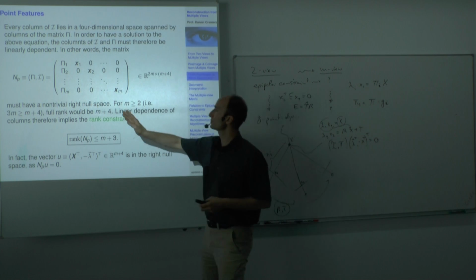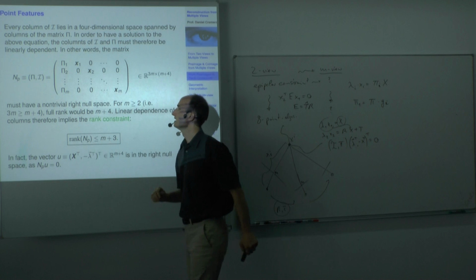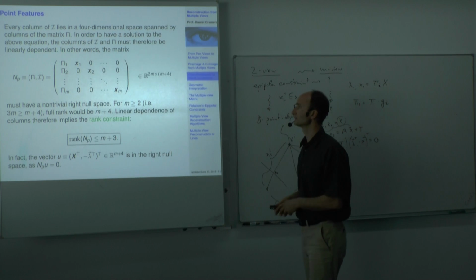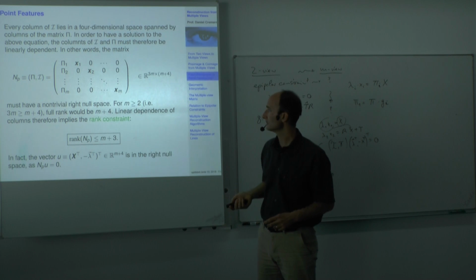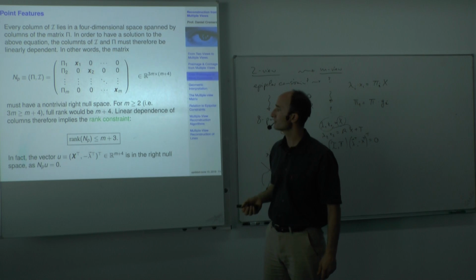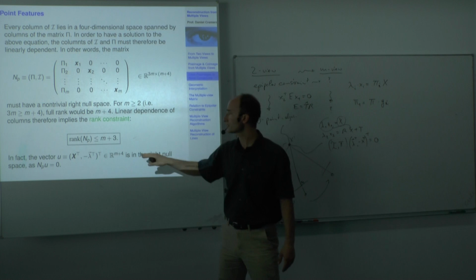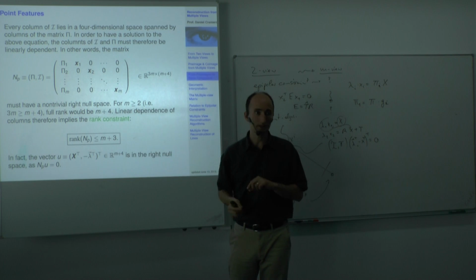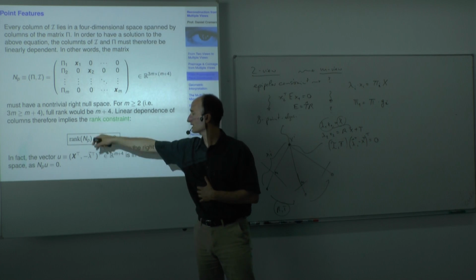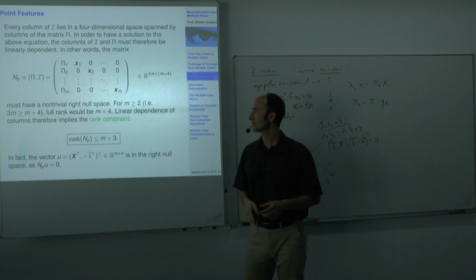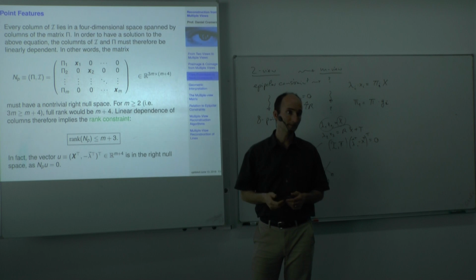If all columns were linearly independent, the rank would be m plus 4. But what we are saying now is that the rank is smaller than m plus 4. There is a non-trivial null space, so there is a non-zero vector that is mapped to 0 by the matrix NP, and so its rank is at most m plus 3.